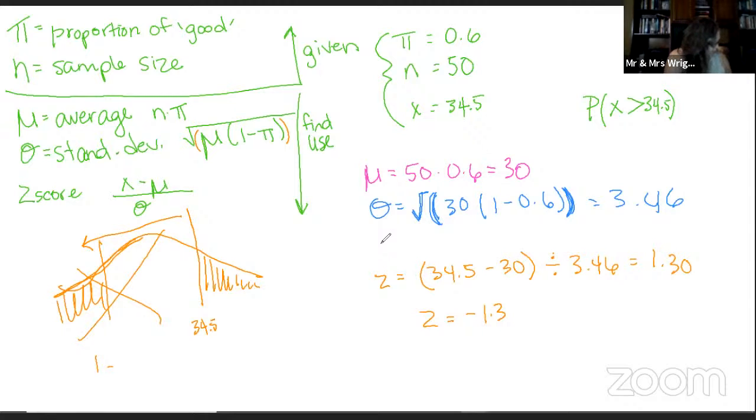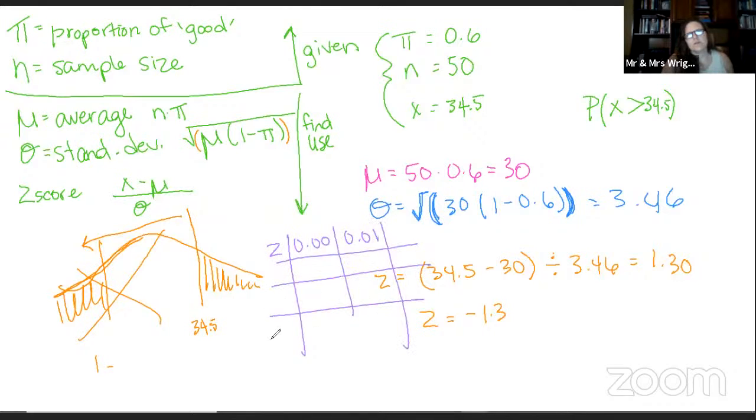So I'm going to turn to page 468. On your chart, you have the z-score like this, and then 0.00, 0.01, et cetera. What we're going to be looking up is negative 1.3, which I think is only the second one down, so we'll put it right there.